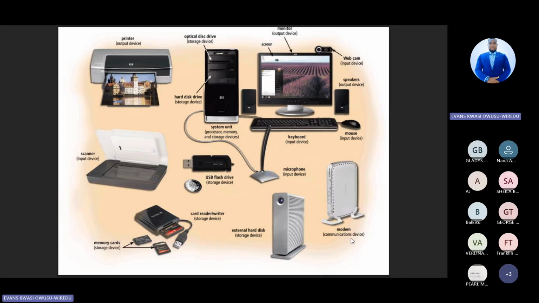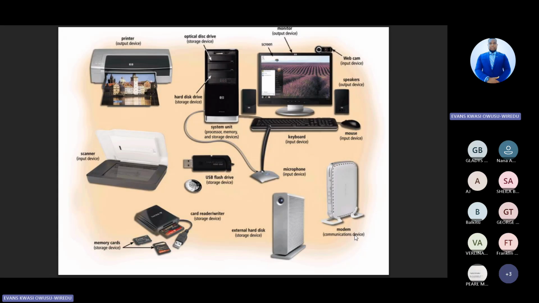And so we have external hard drive. External hard drives are not inside the system unit, but they are outside of it, and they add up to the storage of the device if connected to it, right? Whether wireless or through cable, right? We also have card readers, your memory card, and so on, right?